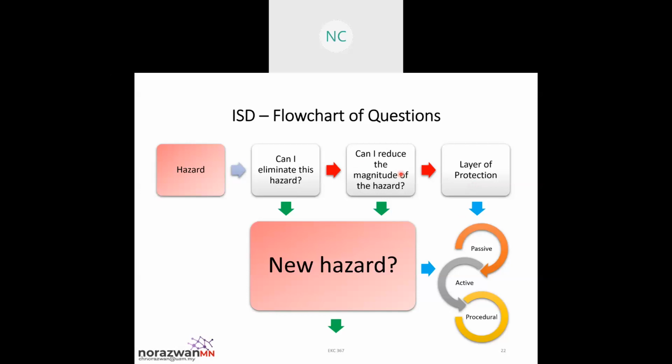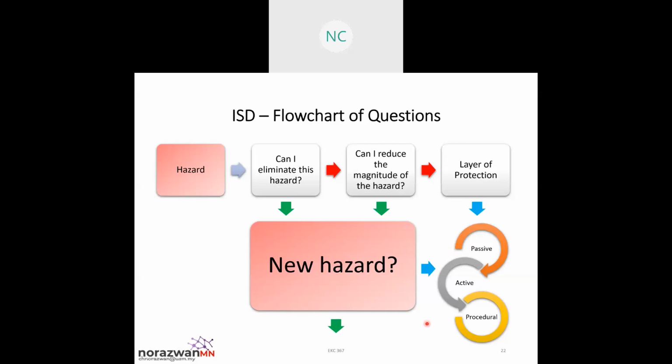But if you can reduce the hazard, does it contain a new type of hazard, or has the hazard itself already been reduced? Sometimes when you introduce some ISD to reduce the magnitude of the hazard, you also introduce a new type of hazard. But the same solution is to go back to the layers of protection.